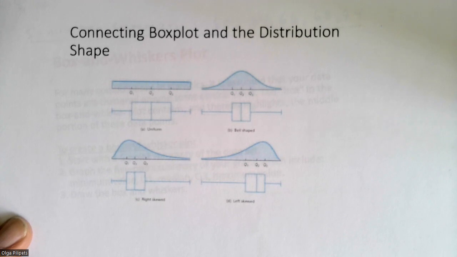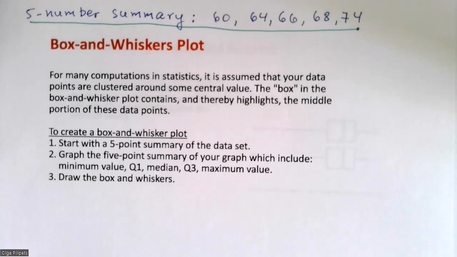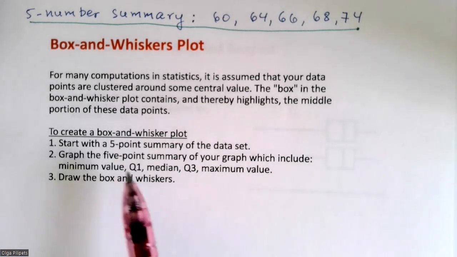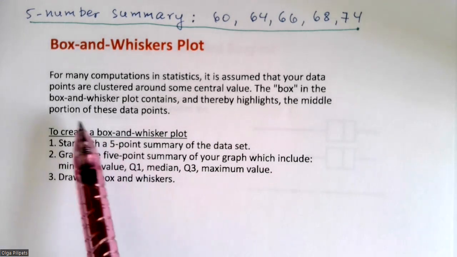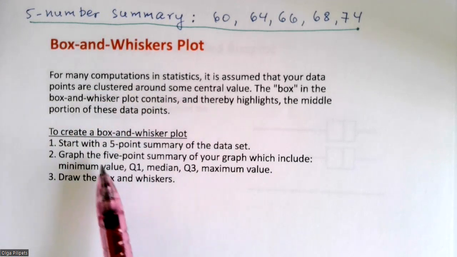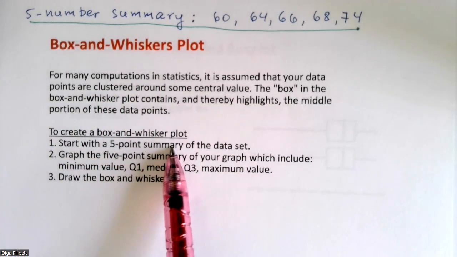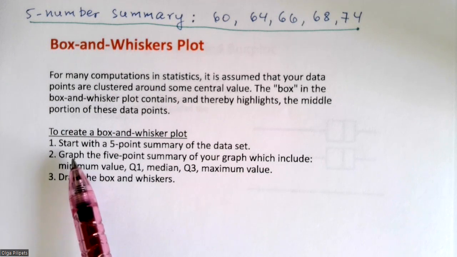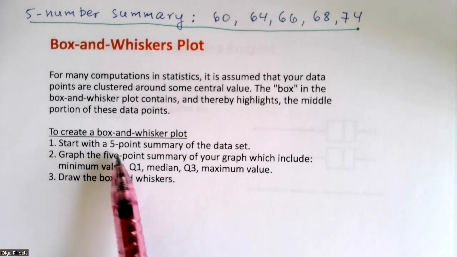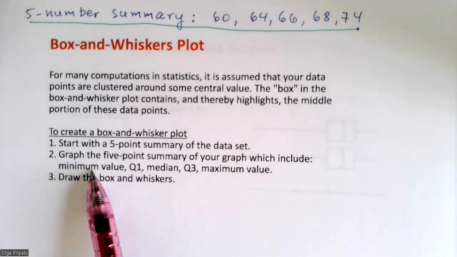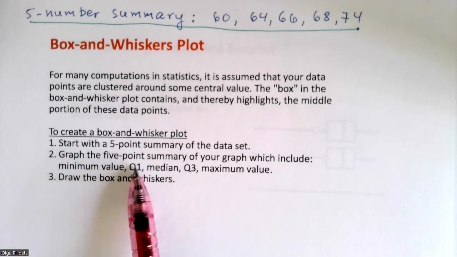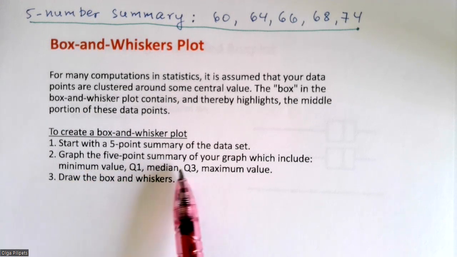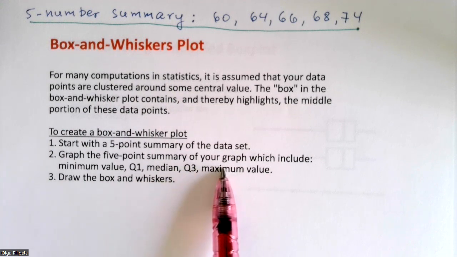Okay, let's see how we can construct a box and whisker plot. In order to construct a box and whisker plot, we're going to start with a 5-point summary of the data set, and then we're going to graph the 5 points. We're going to graph the minimum value, Q1, the median, Q3, and the maximum value.